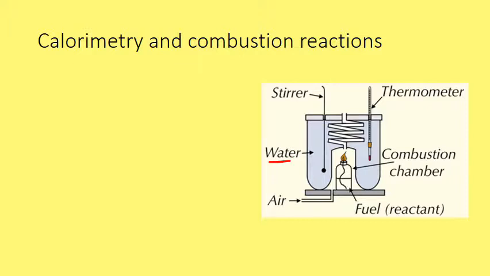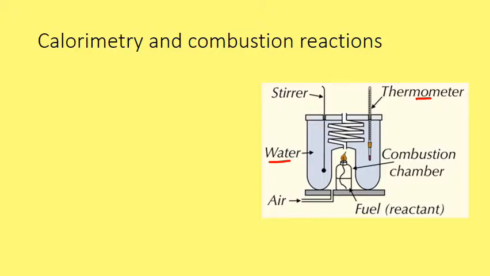So we burn the fuel, we heat the water, and then this thermometer is going to measure the increase in temperature of the water, and we know how much water we've got, so we know how much we've heated up, and so we can work out the increase in kinetic energy there.